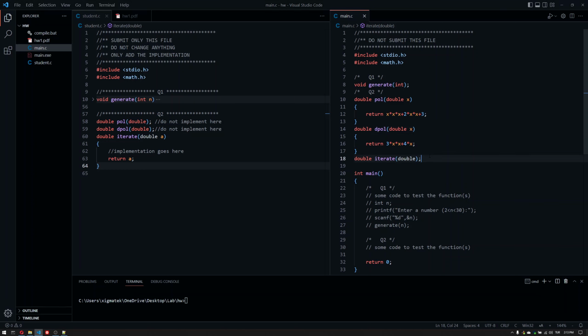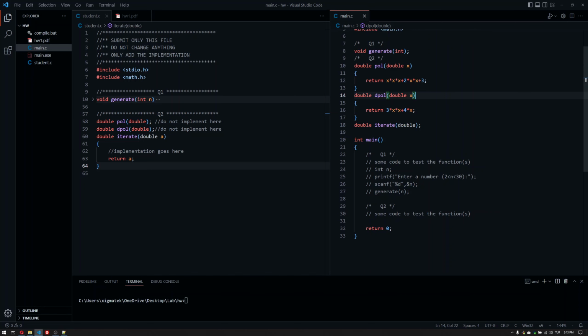So now here the user provides basically some functions, and down here what we need to do is call this function here.